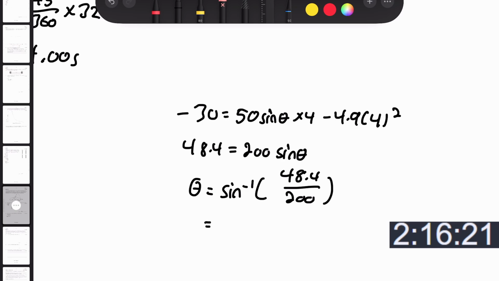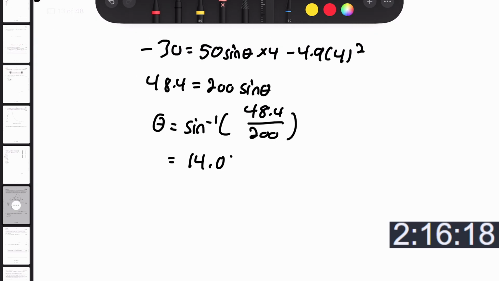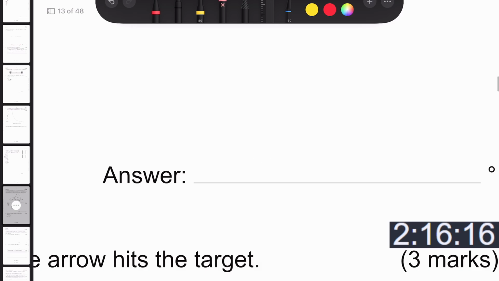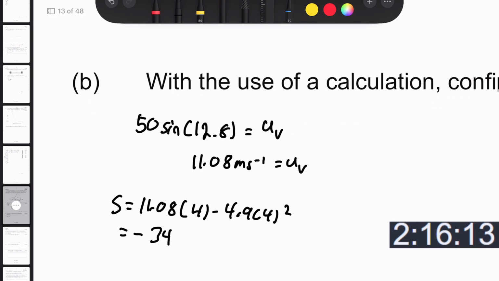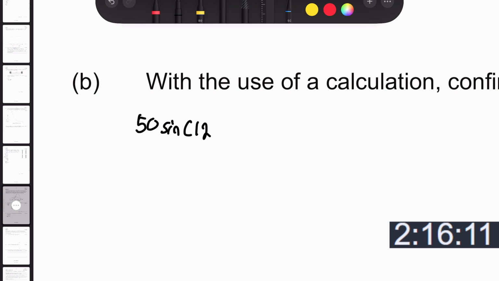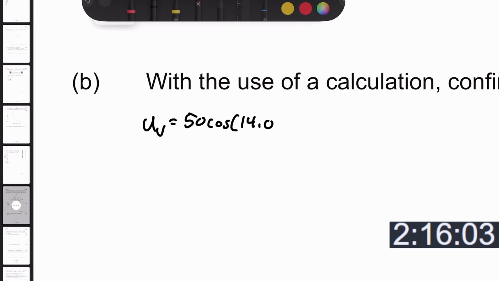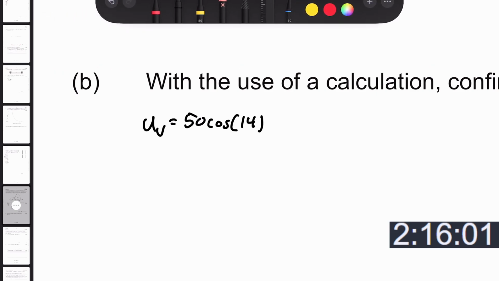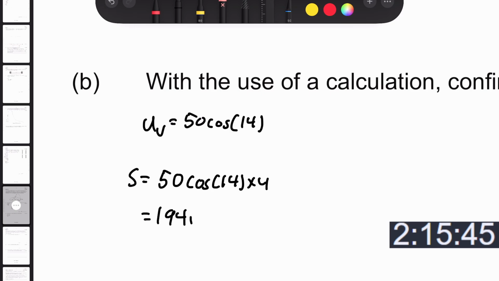So 48.4 on 200 is 14.0 degrees. So we'll say here UV equals 50 cosine of 14.0. So then distance is going to be 50 cosine of 14 times 4 meters.